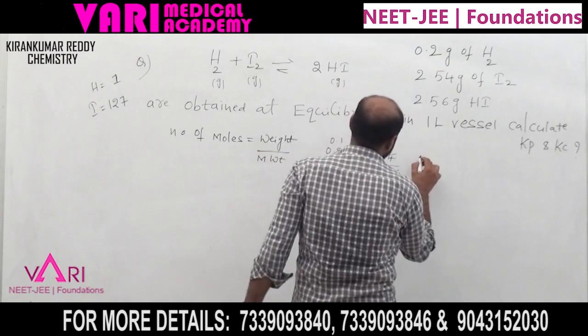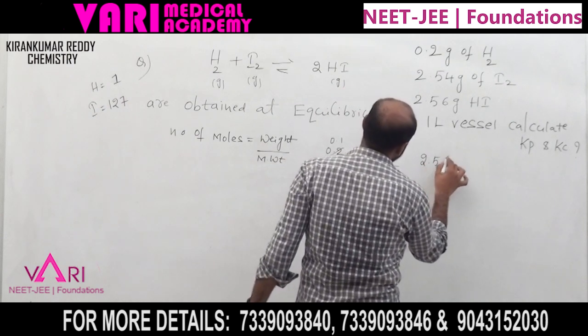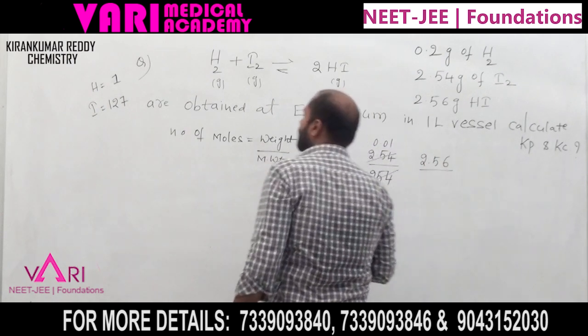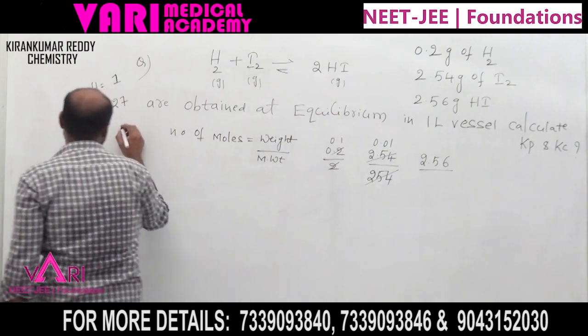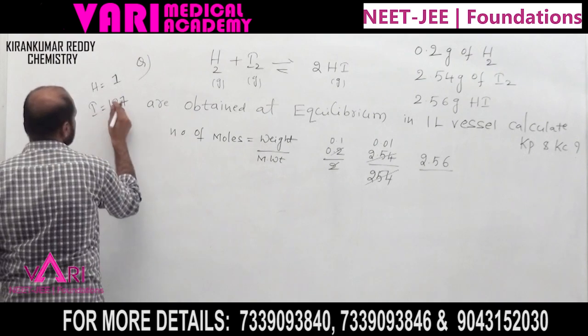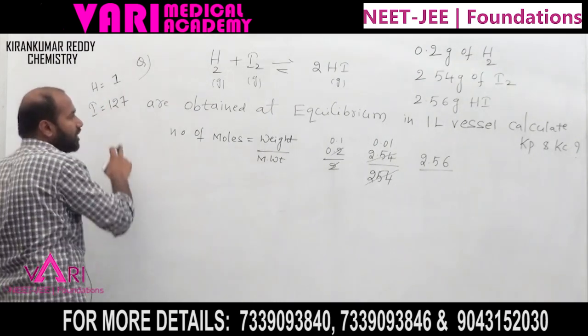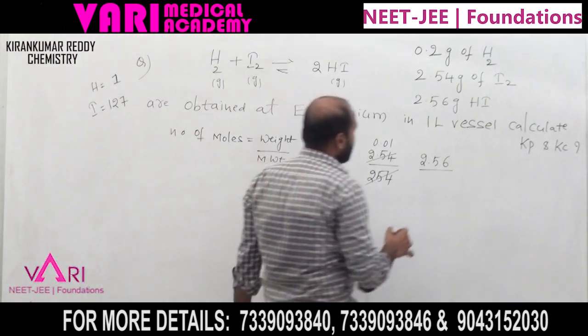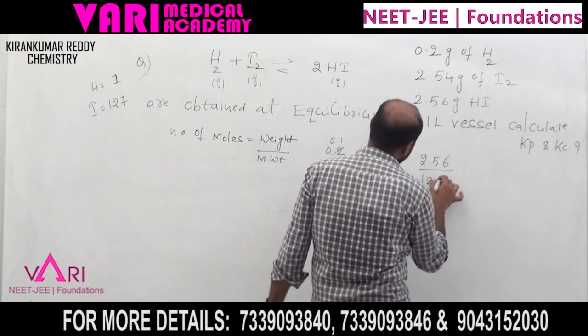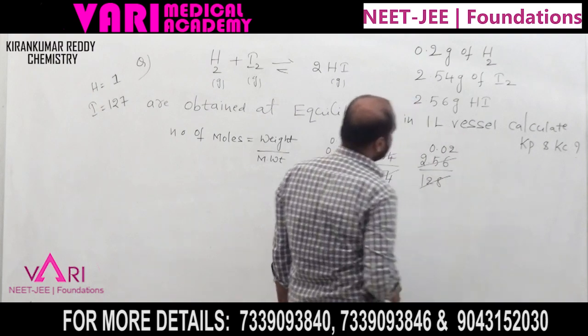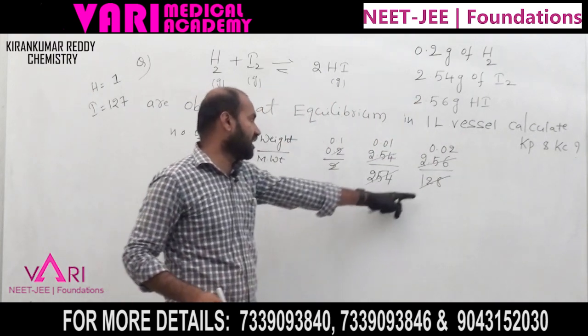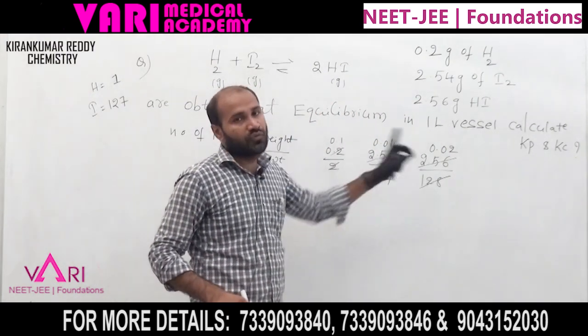Now HI is 2.56 grams by weight. Now tell me the molecular weight of HI: it is 128, because hydrogen is 1 and iodine is 127, total 128. So 2.56 by 128, that is 0.02. Understand? 128 into 2 is 256.